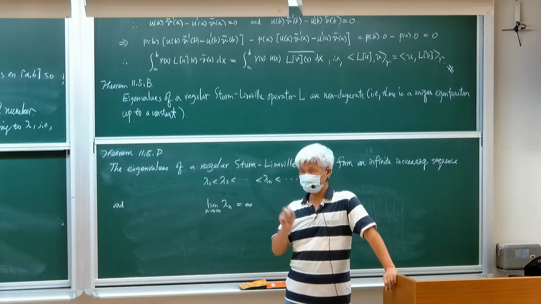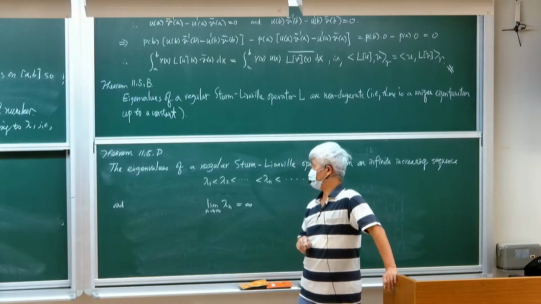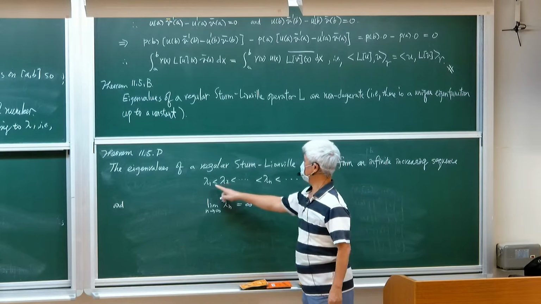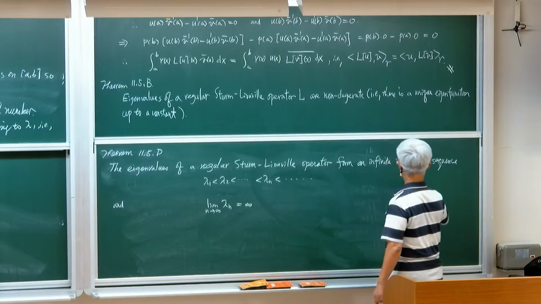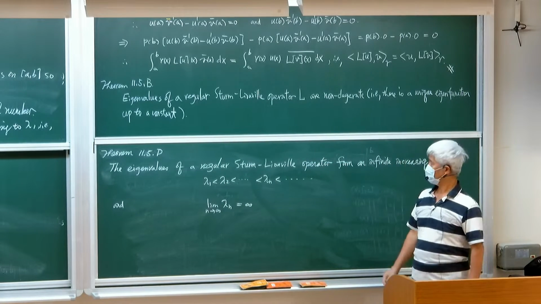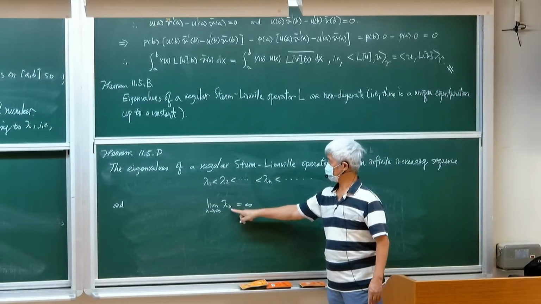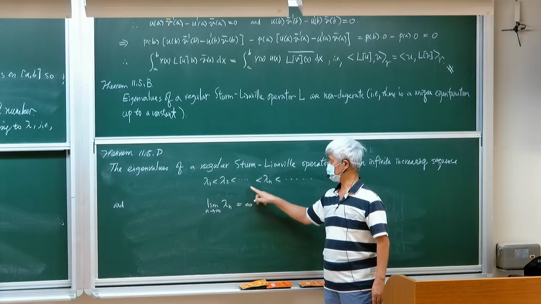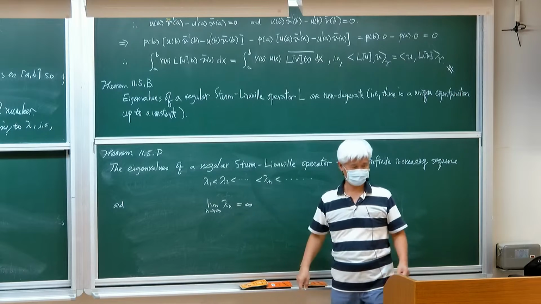Okay, this lambda appears to be discrete and forms an increasing sequence. And these eigenvalues go to infinity, right? As n goes to infinity. So it's unbounded.